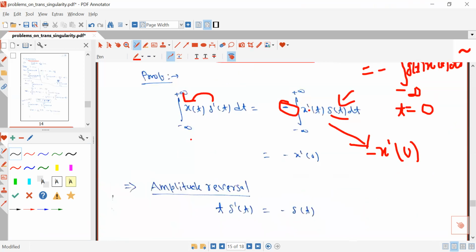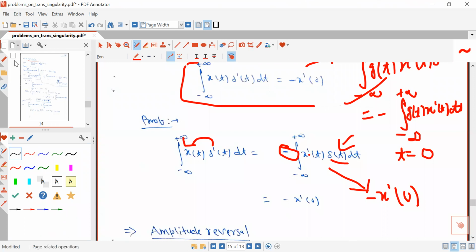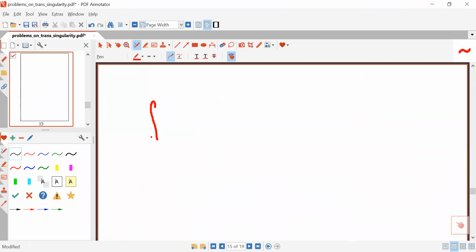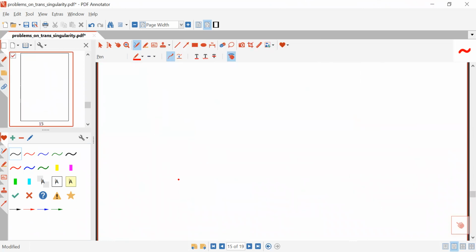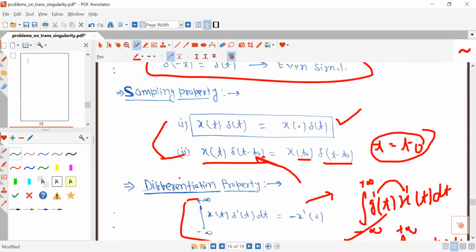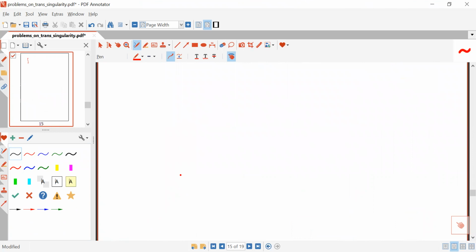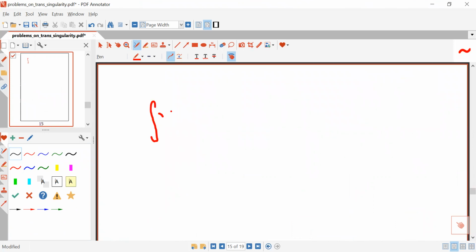For your understanding, I am going to derive this property. Let us see. This is the differential property: x t delta dash t. Delta dash t means the differential of the impulse signal, integrated dt from minus infinity to plus infinity.